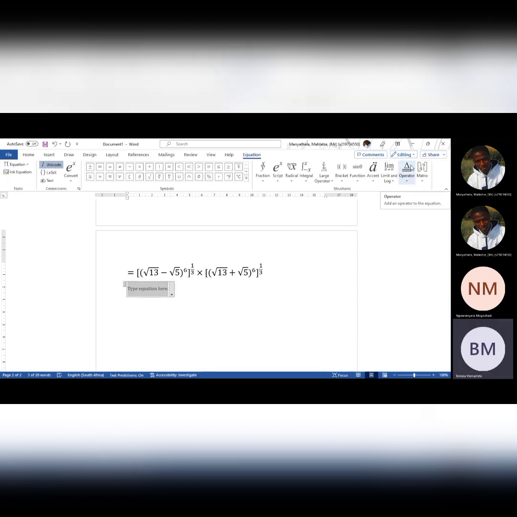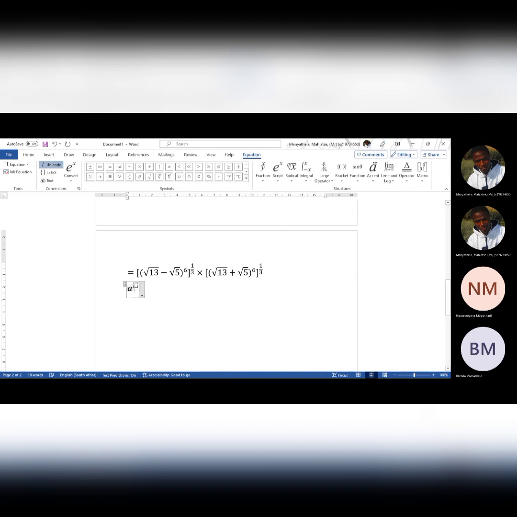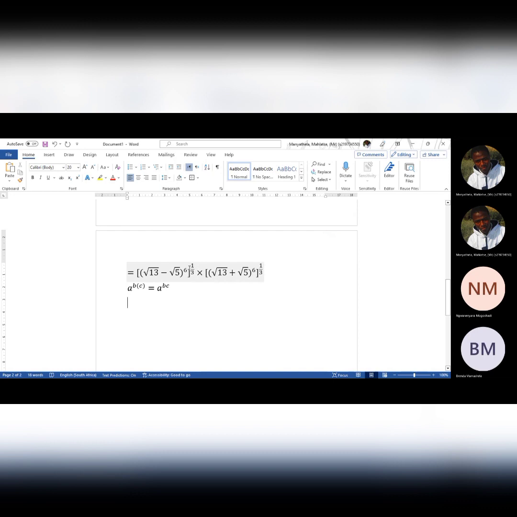When you raise a base to an exponent and to another exponent, what do you do? You multiply the exponents.